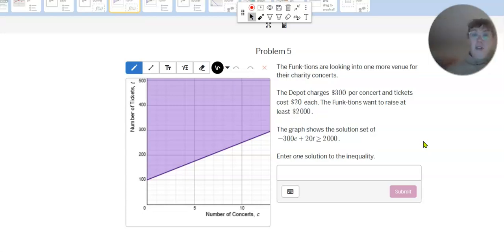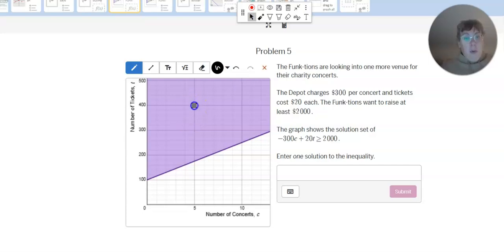The Functions want to raise at least $2,000, and the graph here shows the solution set of negative 300C plus 20T greater than or equal to 2,000. So they have to pay $300 per concert. So that's why we have that negative 300C. And then they're charging $20 for the tickets, so that's our 20T. And they want that to be bigger than or equal to 2,000.